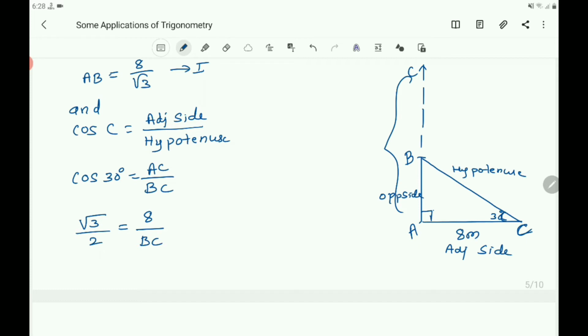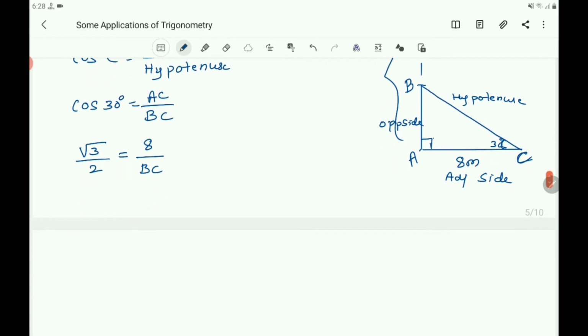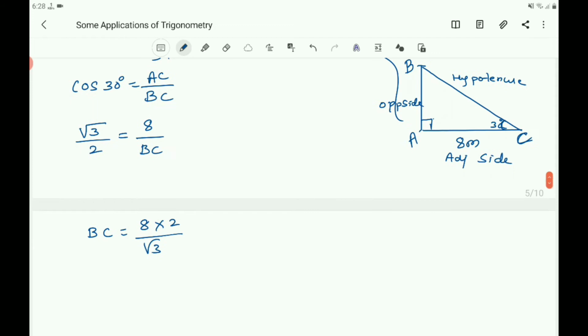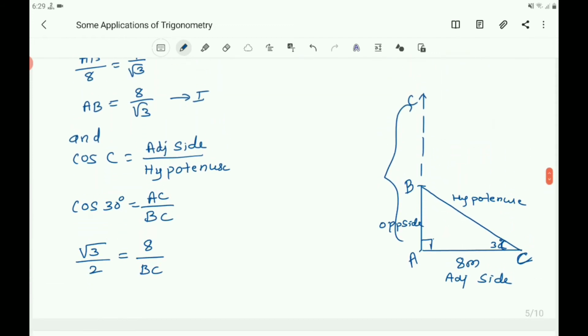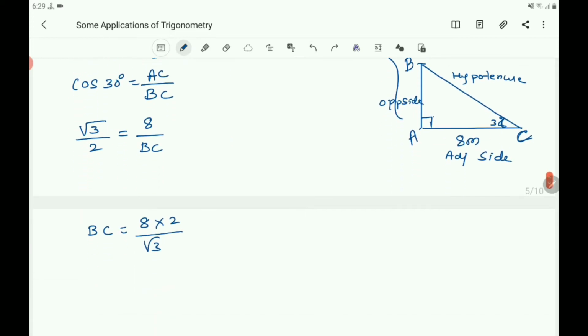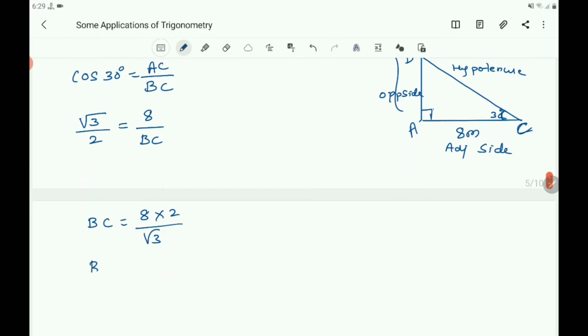Now to get BC in the LHS, you do the cross multiplication. That is BC equals 8 into 2 by root 3. Here root 3 is there, you must add these two, AB and BC. So BC equals 8 into 2 is 16 by root 3. So you got the value of BC also.